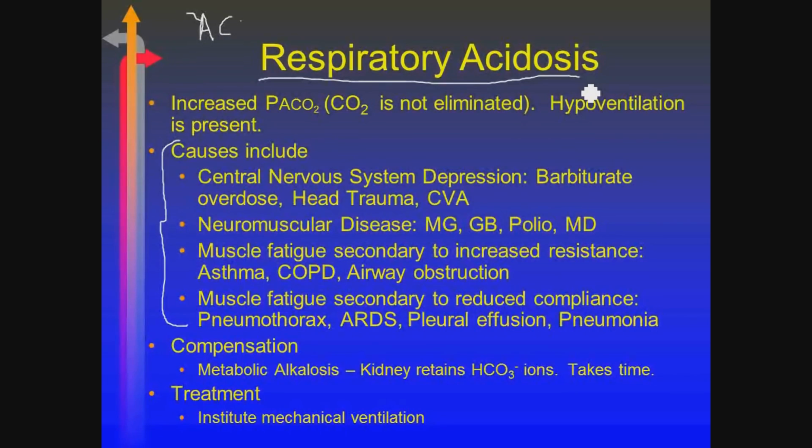Okay. So the kidneys now have to kick in and retain bicarbonate ions. How long does it take for the kidneys to work? Days. So in the acute situation, we ain't got time to wait. We're going to intubate and ventilate that patient.